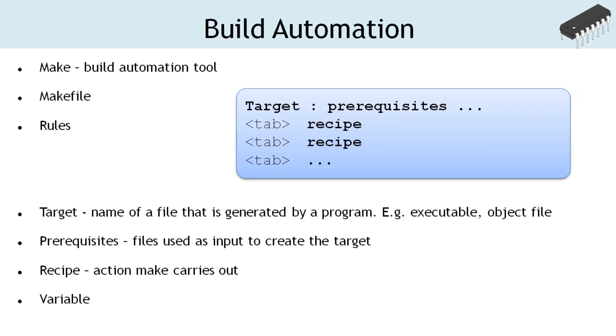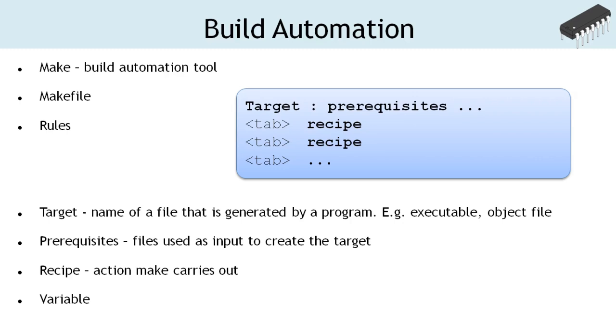A variable name may be a sequence of characters not containing a colon, a hash character, an equal sign, or whitespace. Variable names are case sensitive. It is traditional to use uppercase letters in variable names.